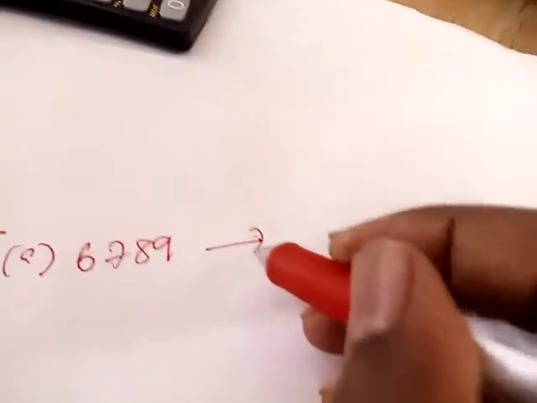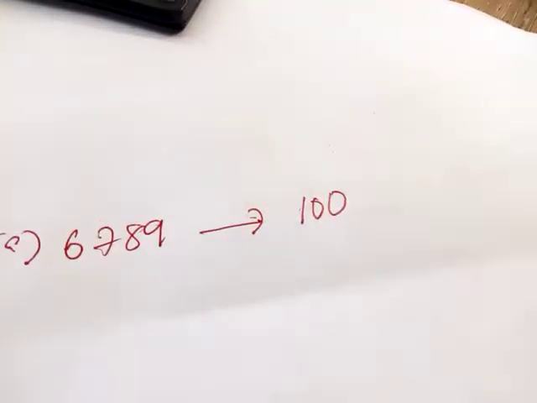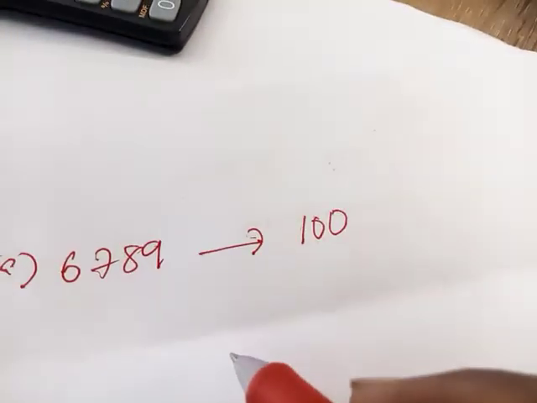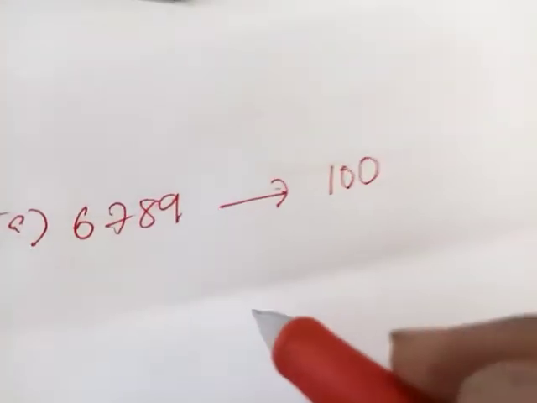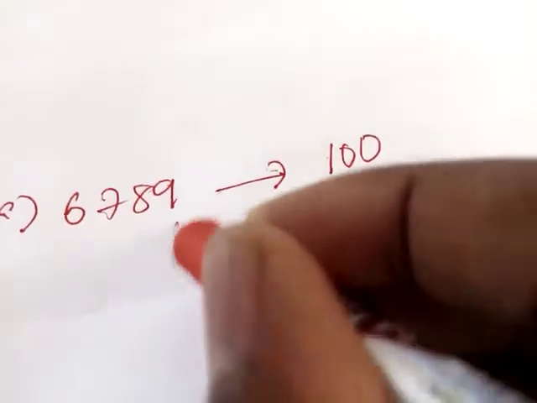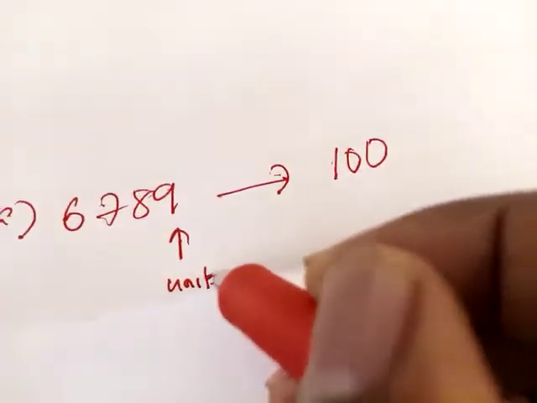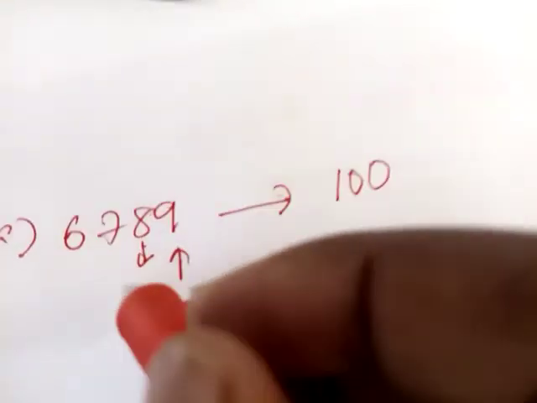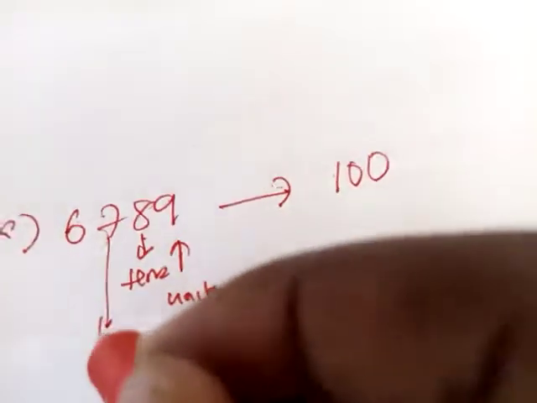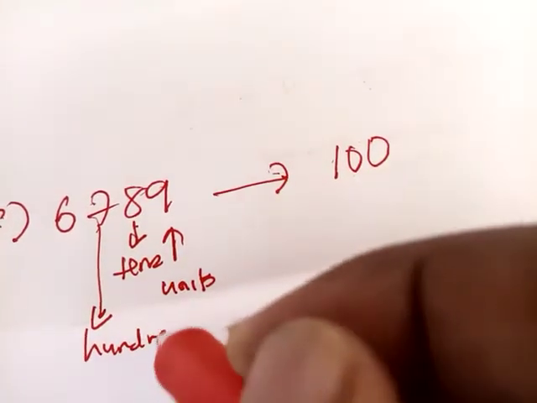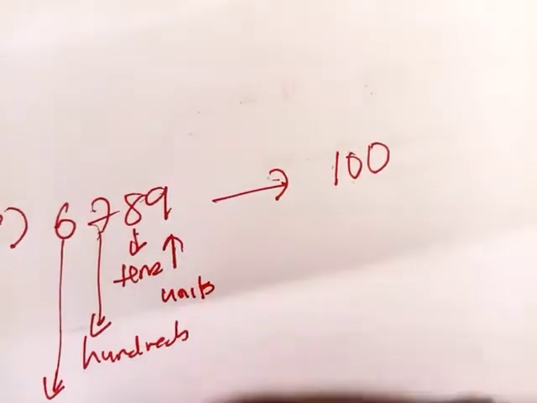We are taking it to the nearest 100. From the number concepts, we know that these ones are units, these ones are tens, these ones are hundreds, and these ones are thousands.